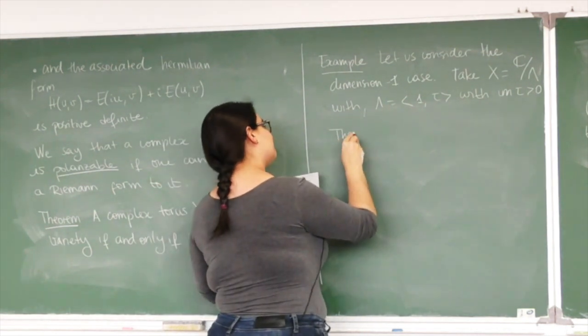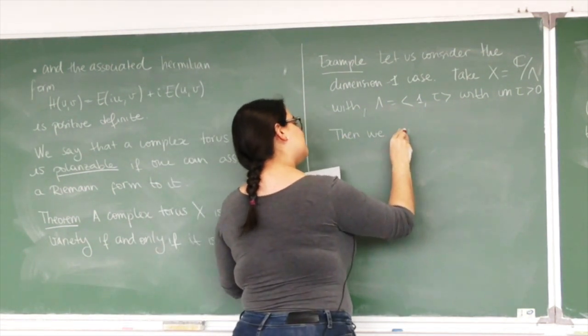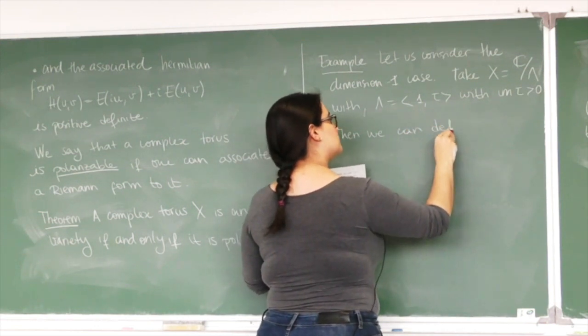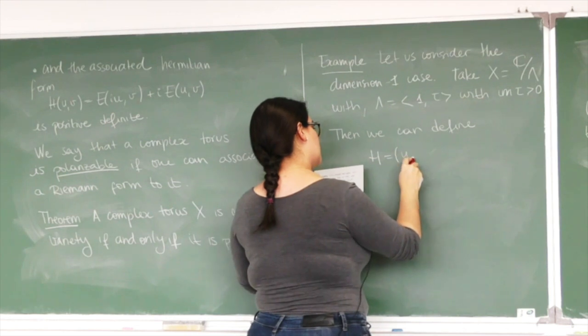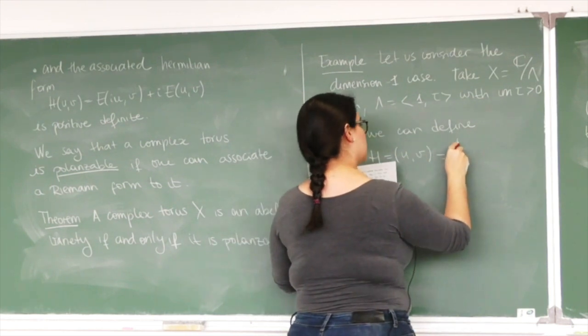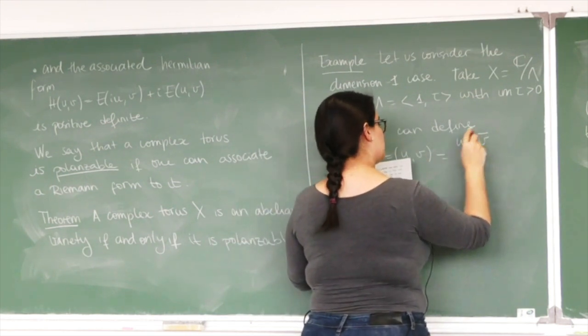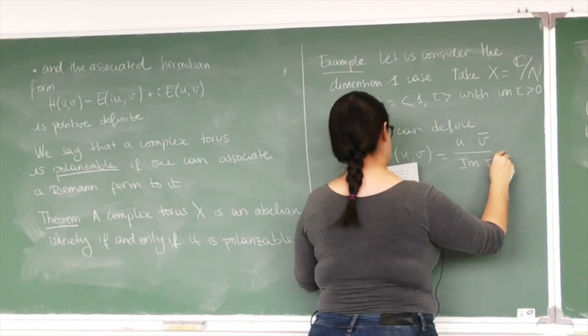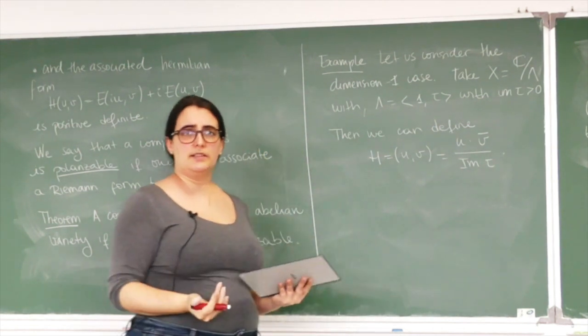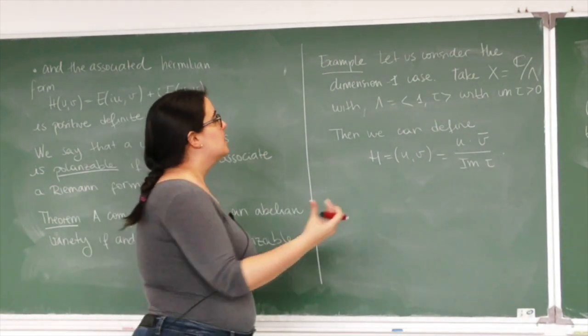Then we can define H of u, v equal to u times the complex conjugate of v divided by the imaginary part of tau. I won't give the details, but you can do it as an exercise.